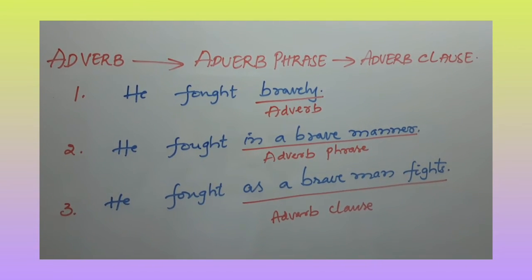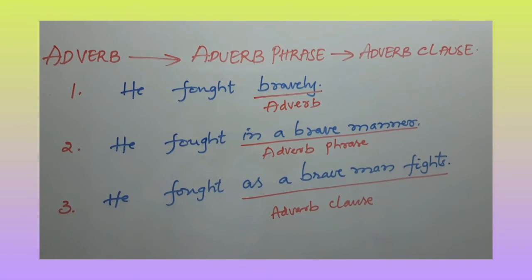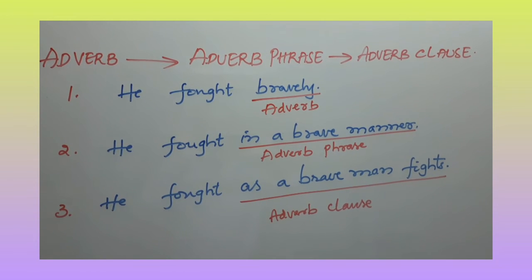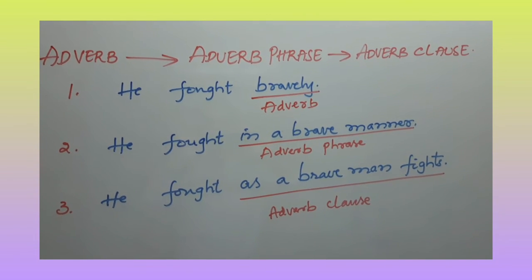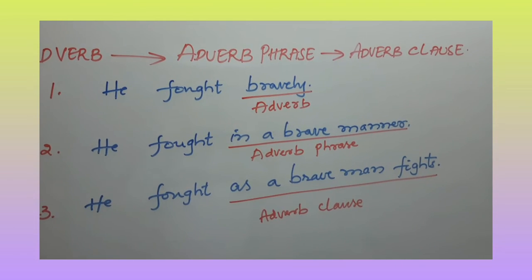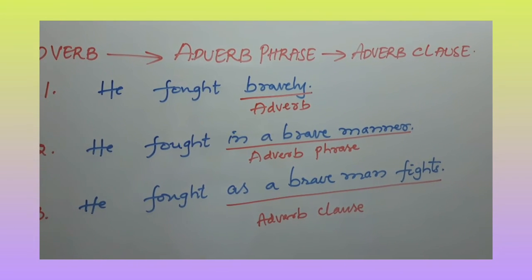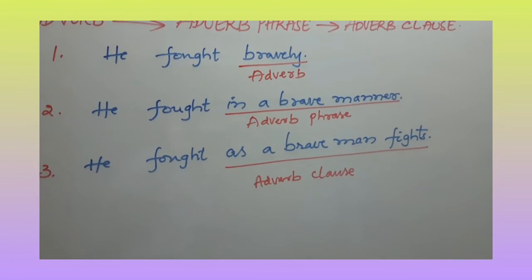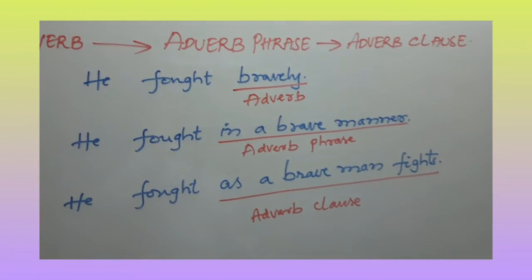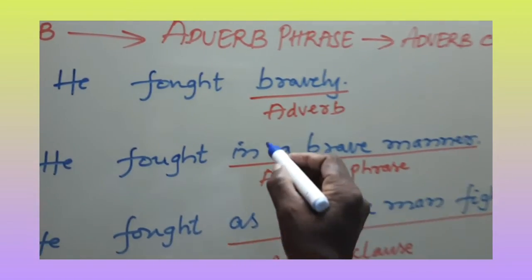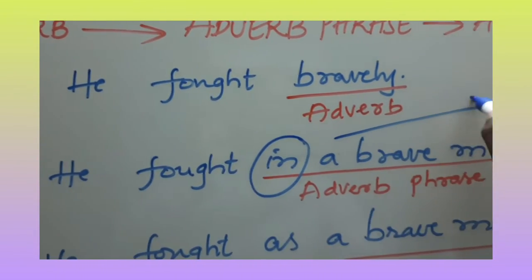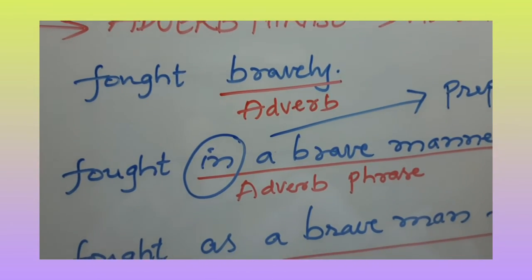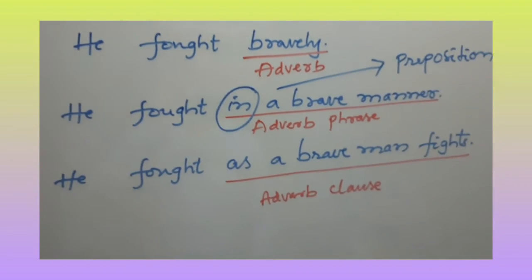So it is changed into an adverb phrase like in a brave manner. He fought in a brave manner. So bravely is converted into an adverb phrase, in a brave manner. As we know, a phrase associates with a preposition. Here in is a preposition.